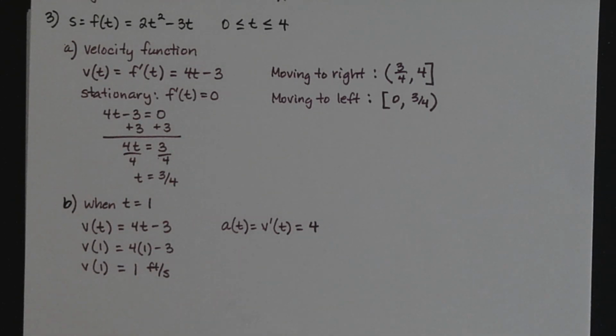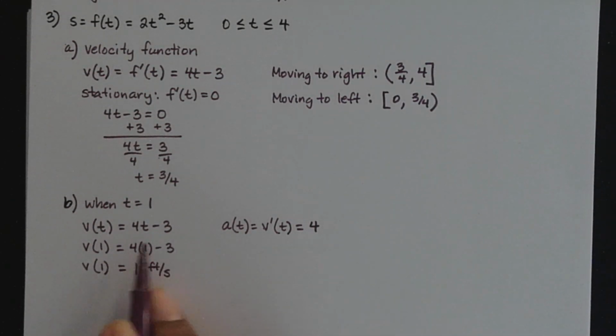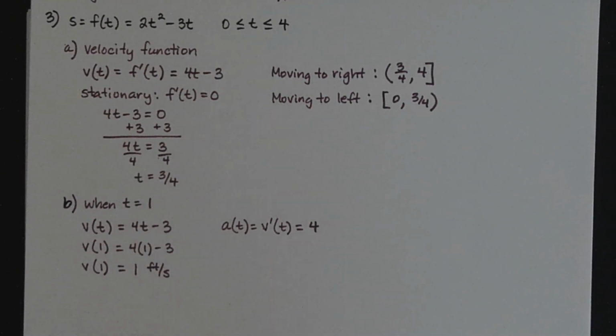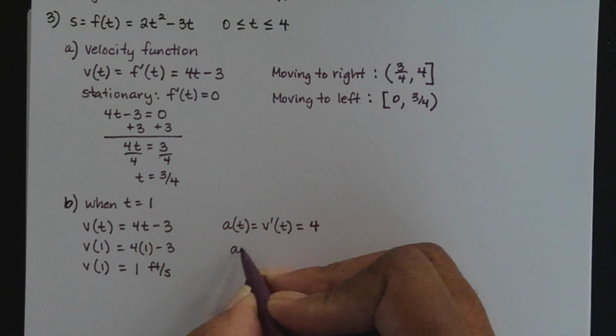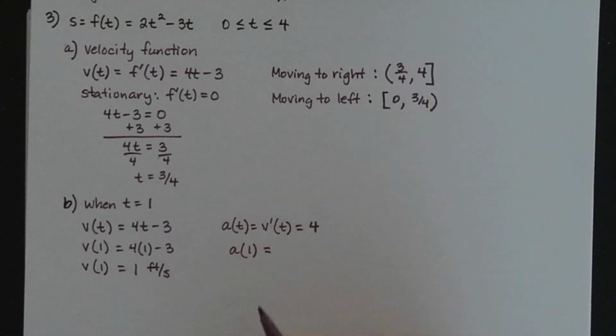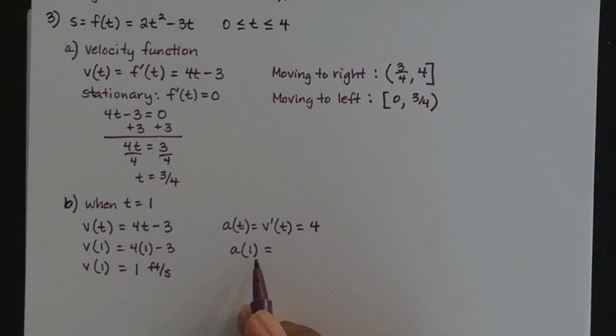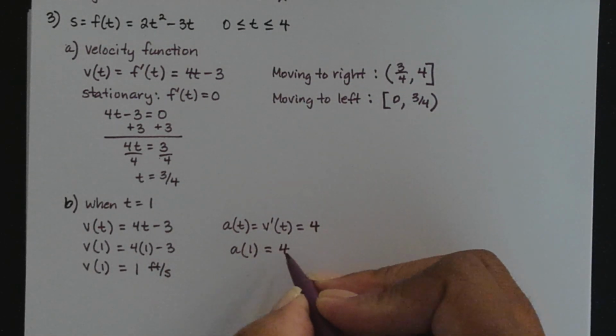Where did you get 4 again? Took the derivative of 4t minus 3, because your acceleration function will be the derivative of your velocity function. Any other questions? So at t is equal to 1, the acceleration will also be 4.